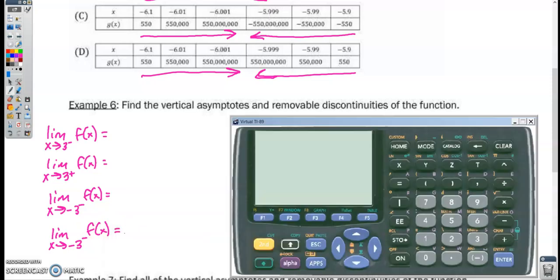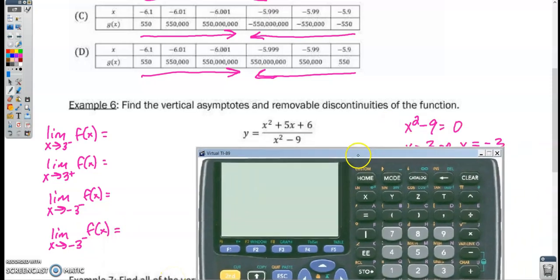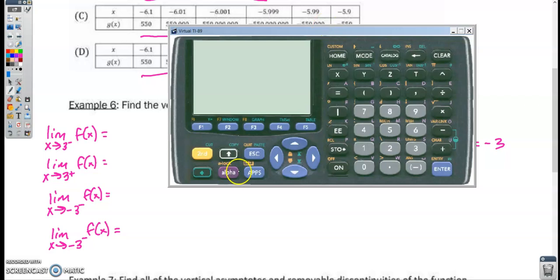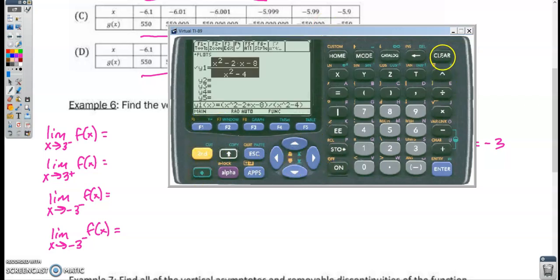Okay, so I'm going to go ahead and type my function in there, x squared plus 5x plus 6 over x squared minus 9.